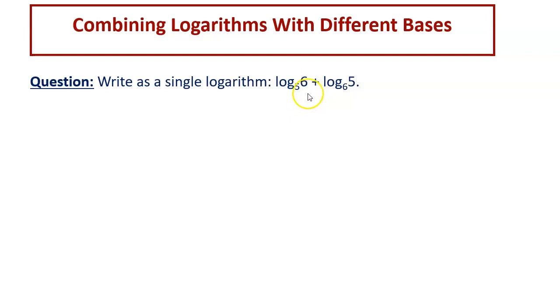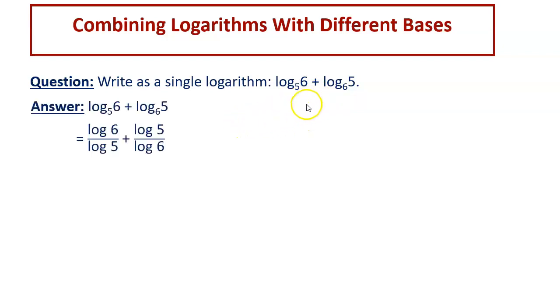So it is our discretion to choose what will be the final base. What will be the base of the final logarithmic term. We can choose that to be equal to 5. We can choose that to be equal to 6. We can choose a separate base, a totally separate base. Okay? And in our today's session, I have chosen a totally separate base. I have chosen the base to be equal to 10.